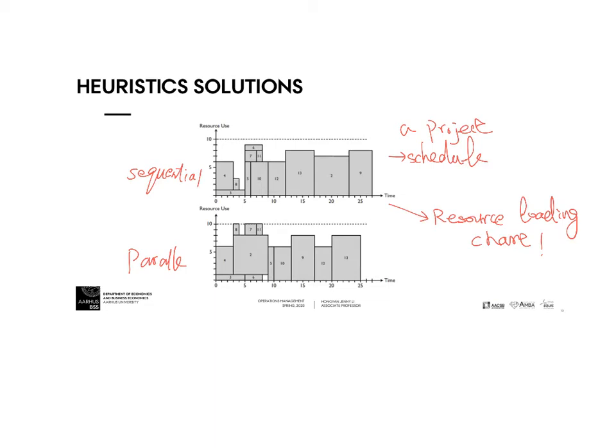For example, we see the first solution. This is a heuristic solution presented as a resource loading chart. In this chart, you can see at time 0, you start to schedule activities 3 and 4, and then at different times, you start to load different activities.